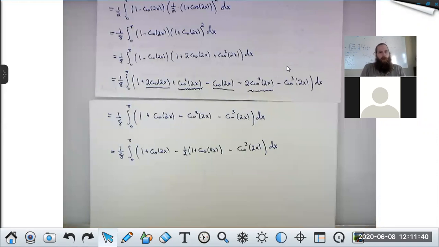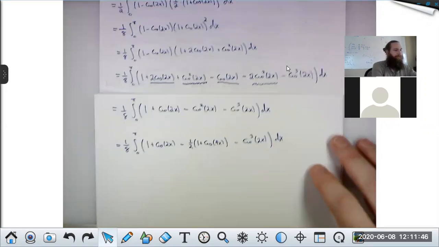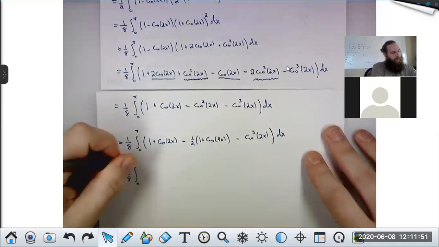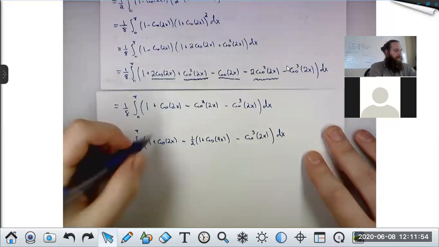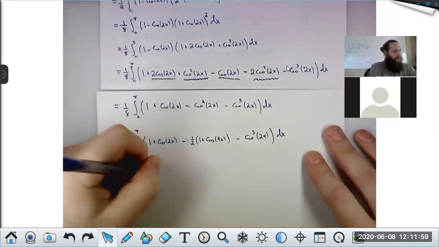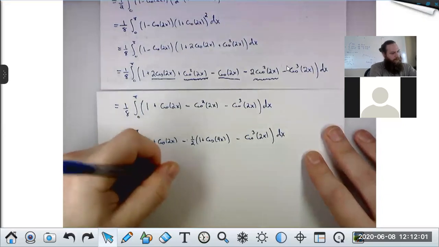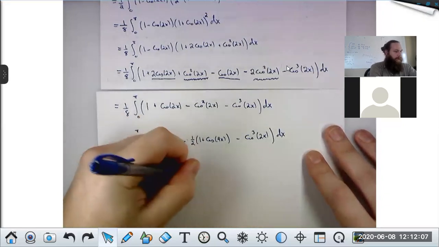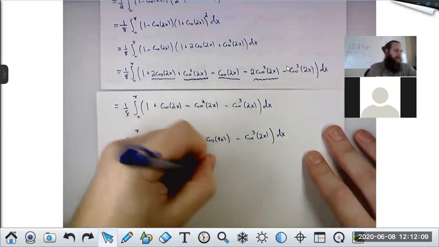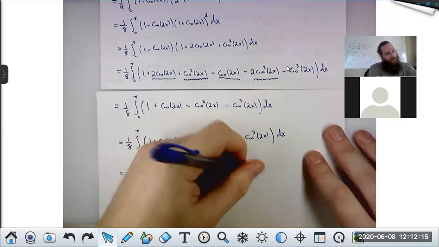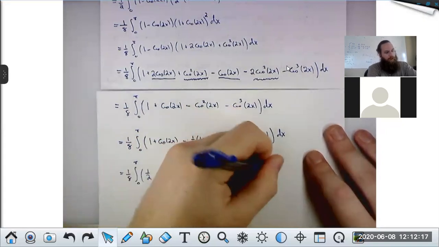I'm going to distribute that 1/2 and combine the 1/2 with the 1. So this 1 and the minus 1/2 that will come from this will give me a positive 1/2. Then I'll have this cos 2x term here. Then I'll have minus 1/2 cos 4x. And then my minus cos cubed 2x, still lingering there.